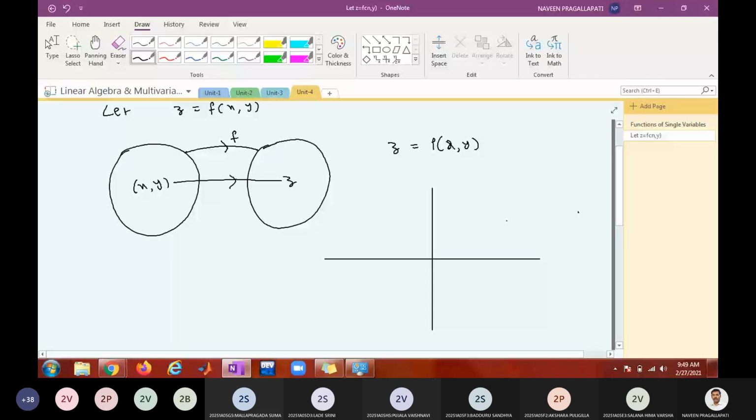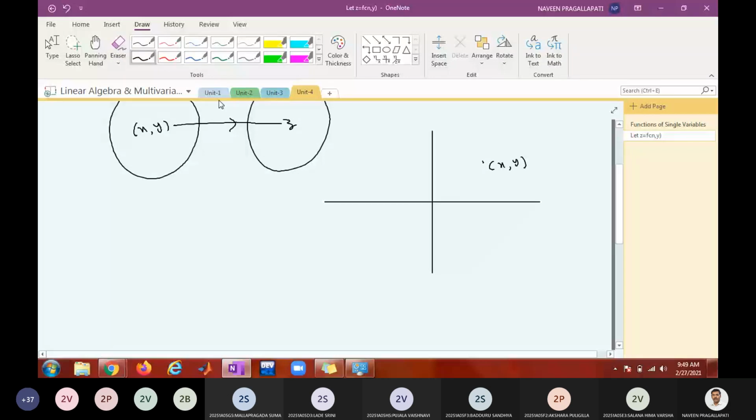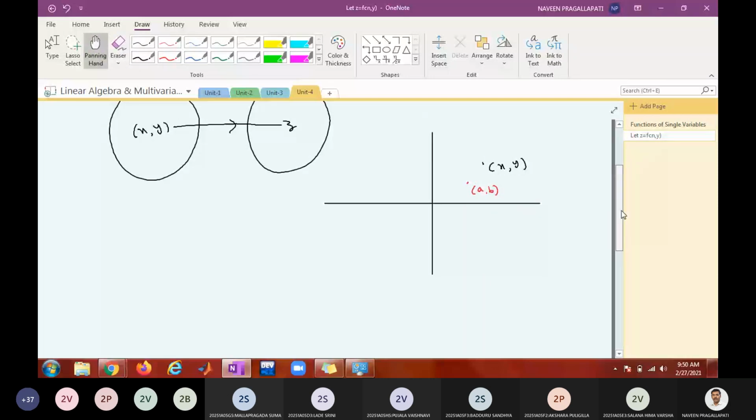Now what do you mean by limit? So you have a point. Let us say a point x naught comma y naught, or you may say a comma b. A comma b is a fixed point, and x comma y is a point neighboring a comma b.